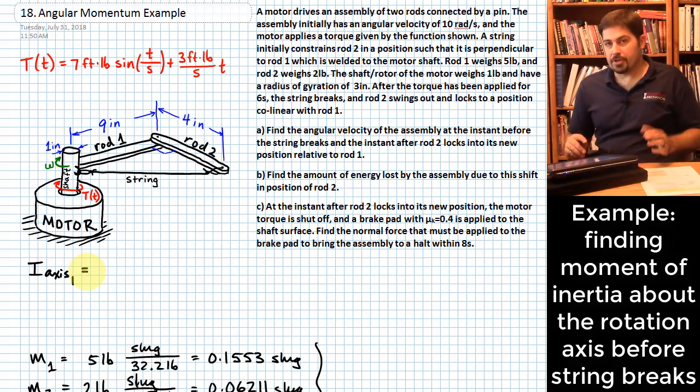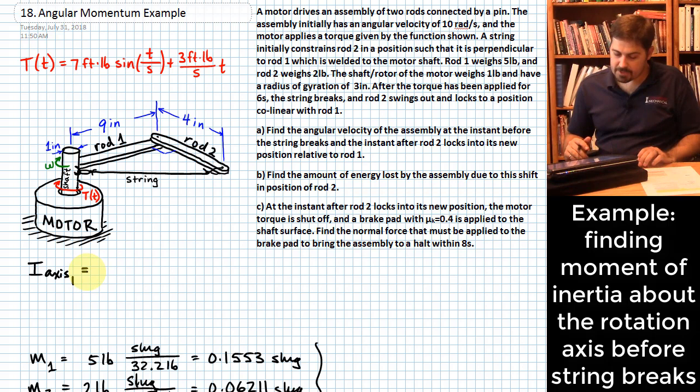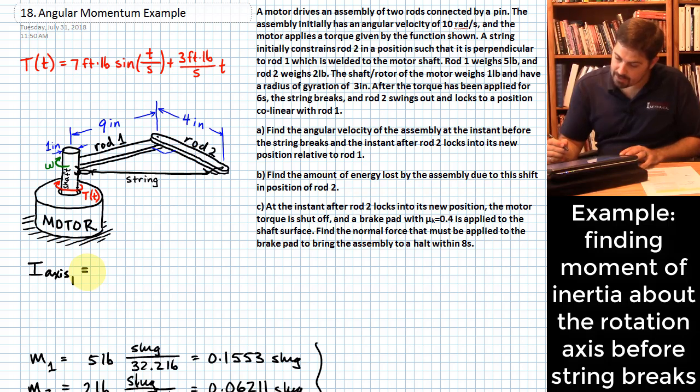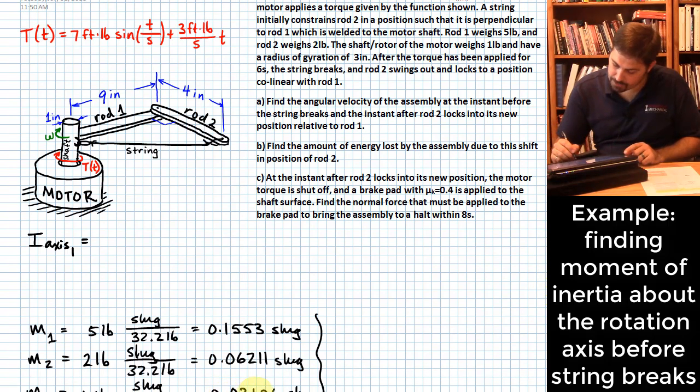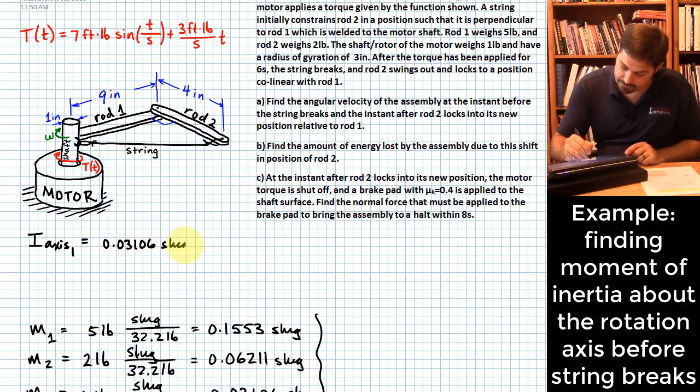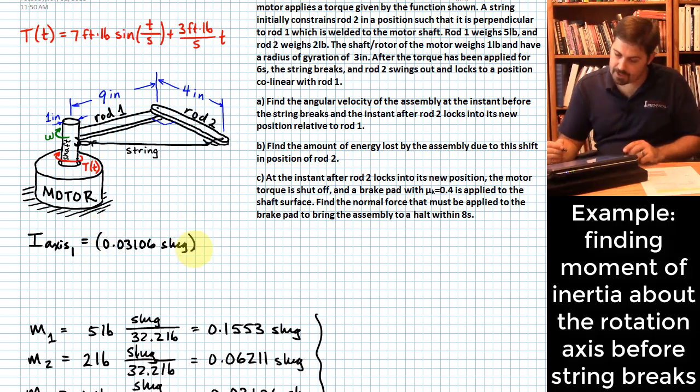That moment of inertia comes from a few different places. So for one thing, there's the moment of inertia of just the shaft and rotor. Since we are given a radius of gyration, that's actually a fairly easy calculation to do. We just would have 0.03106 slugs, okay, times the radius of gyration squared.